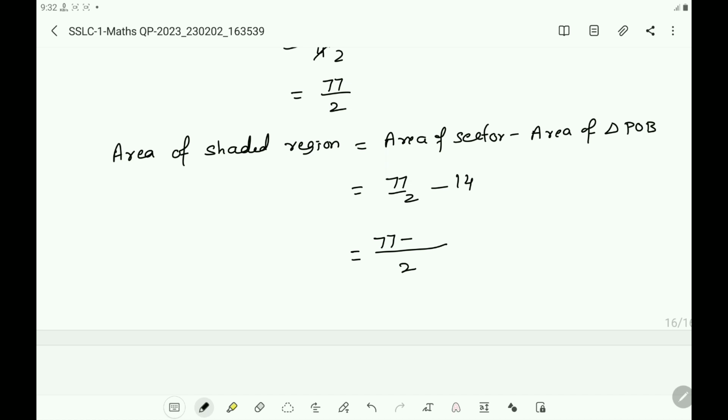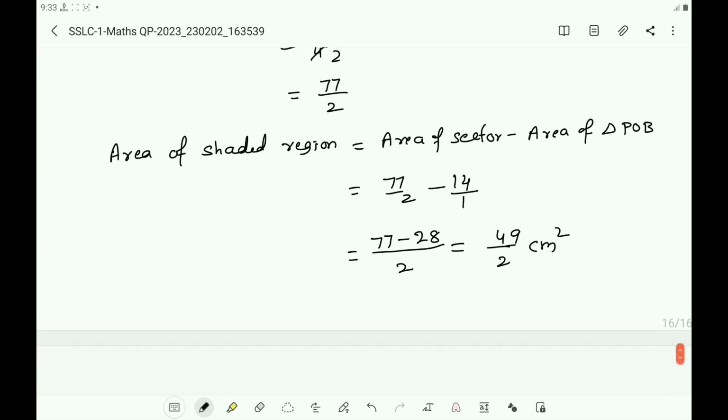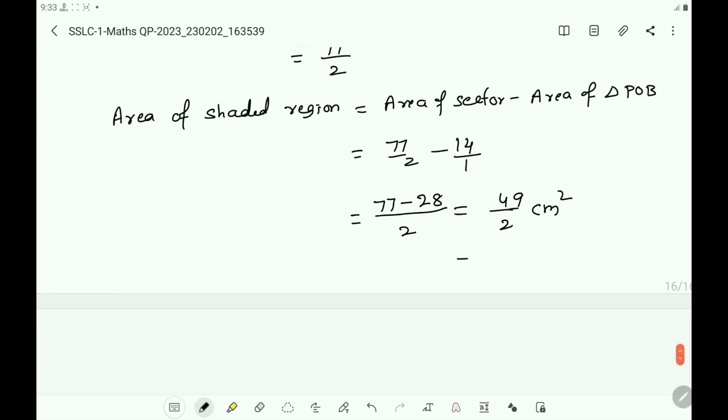The numerator becomes 77 minus 14 into 2, because 14 is nothing but 14 by 1. The LCM becomes 2. So 14 into 2 is 28. Then you will get 77 minus 28, which is equal to 49 by 2 cm square. That is the area of the shaded region, 49 by 2. And also you can write it in decimal form, that is equal to 24.5 cm square.